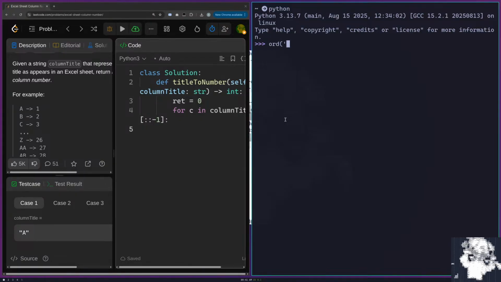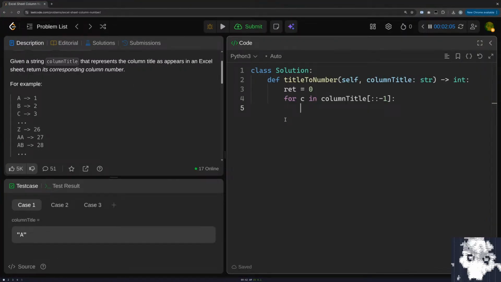So ORD of capital A is 65, which just means we want to subtract 64 from whatever ORD of C is, because we want A to be 1. So you take ORD of this, minus 64, you add this to ret, and you return ret.